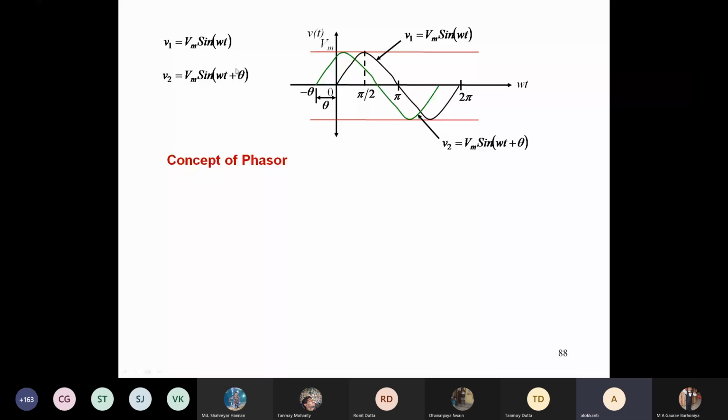You can consider it to be a vector of magnitude Vm which is rotating at an angular speed omega, starting from some reference, in the counterclockwise direction. So this is the reference, and with respect to this reference, the vectors are rotating in the counterclockwise direction.